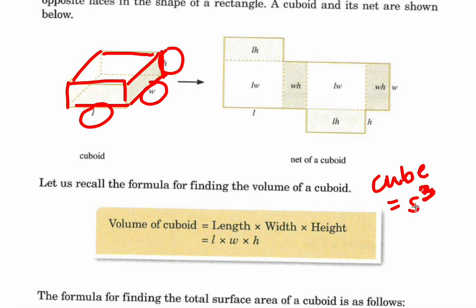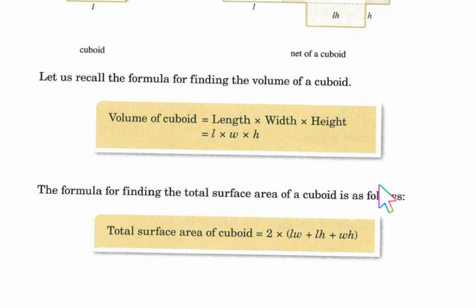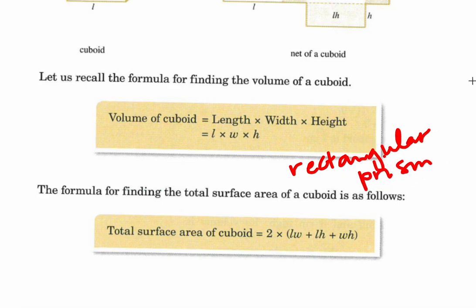Because all those numbers were the same. Here, all these numbers might not be the same. So you gotta multiply each of them together. Okay, so volume and surface area of a cuboid, or also known as a rectangular prism, should be in your notebook. And we're gonna do some examples together.